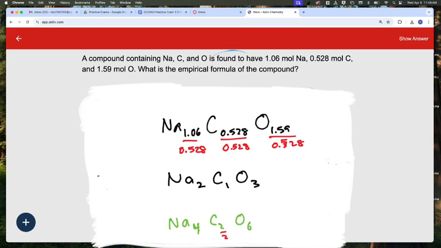Divide everything by the smallest number. That would be the 2, and I would get Na2C1O3. Ta-da! Okay, so what the empirical formula does, by nature of how we calculate, is it gives us the reduced ratio, the smallest possible whole numbers that we can put together to make up the compound. Okay? That's the empirical formula.